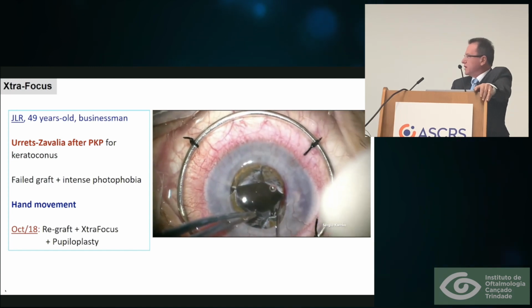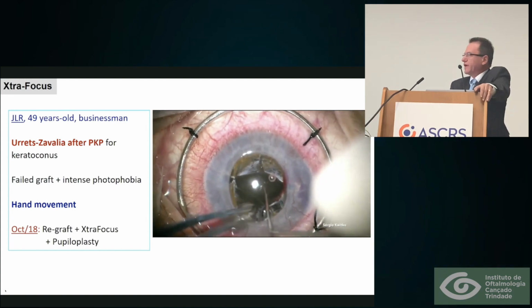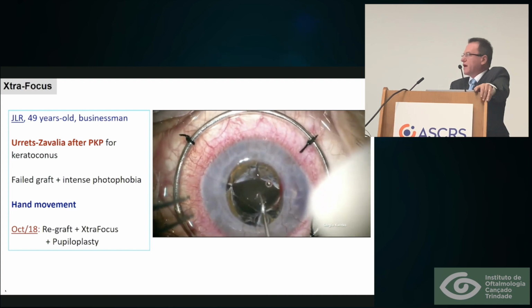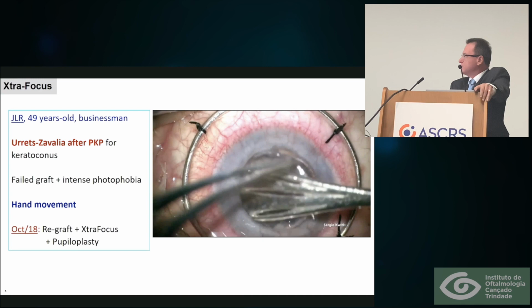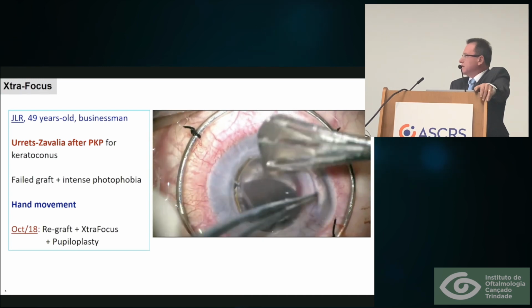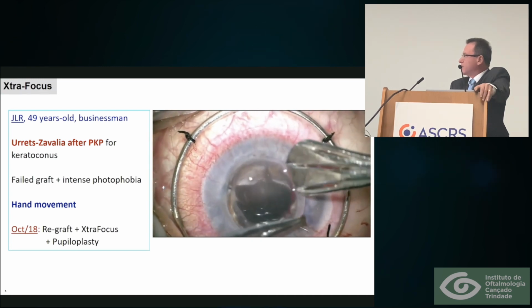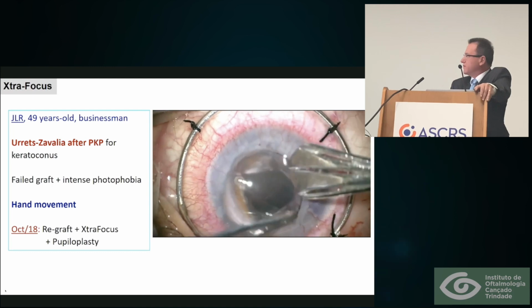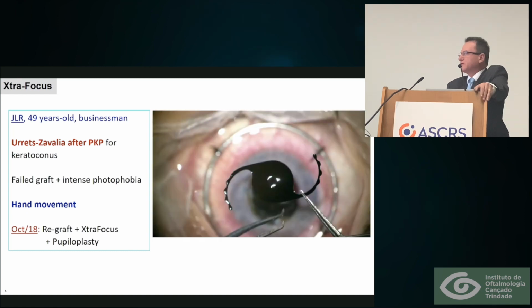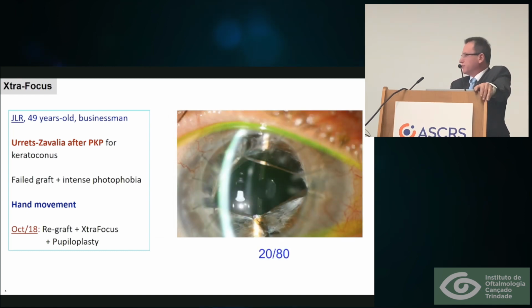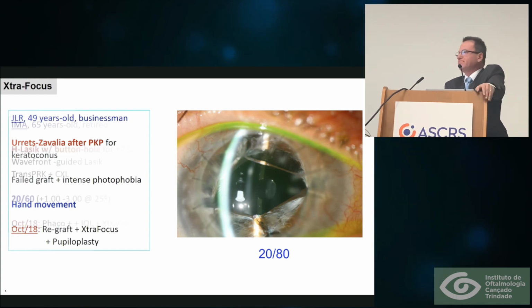As you can see, I'm implanting the extra focus in an open sky surgery during the new PKP, to try to reduce his photophobia. You can see the previous iris sutures. He had hand movement vision, and this is the post-op with 20/80 vision and great improvement, not only in vision but in his photophobia.